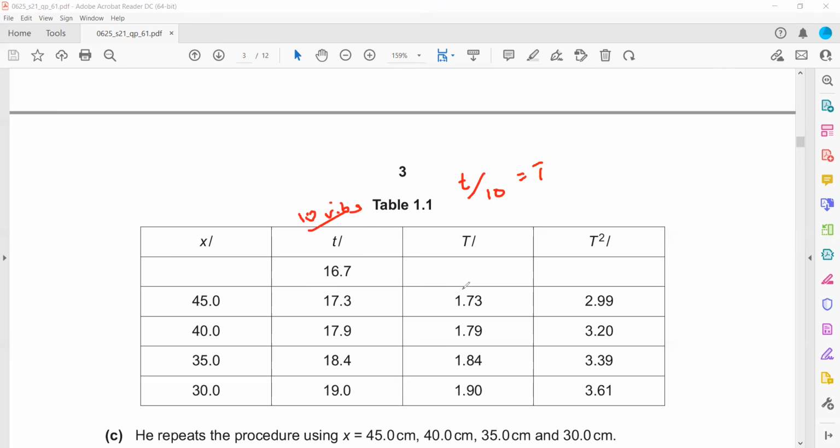That will give us T. So it is 16.7 divided by 10, which gives 1.67.